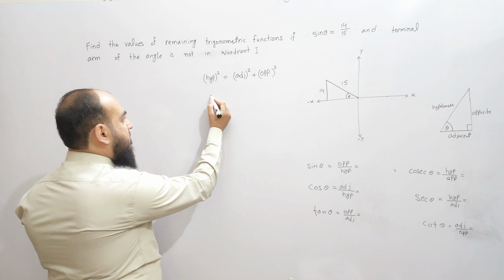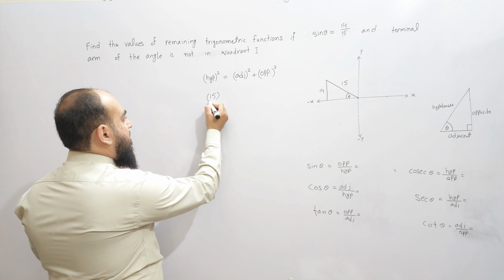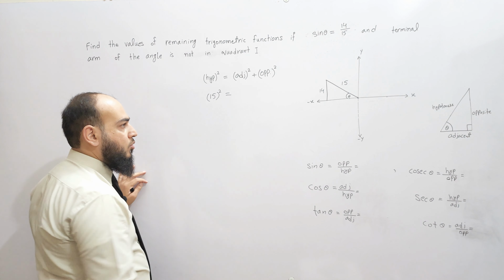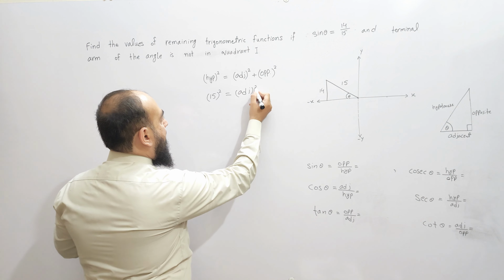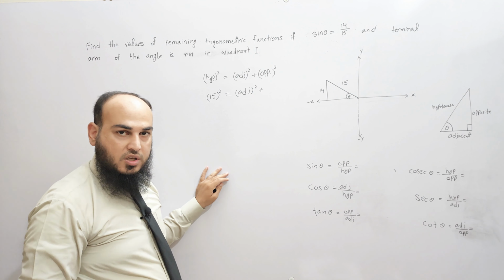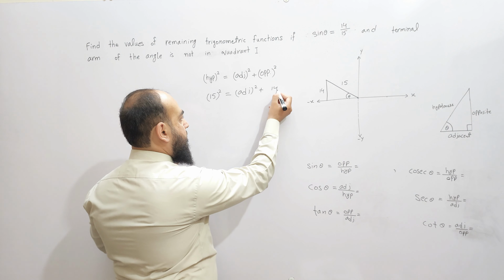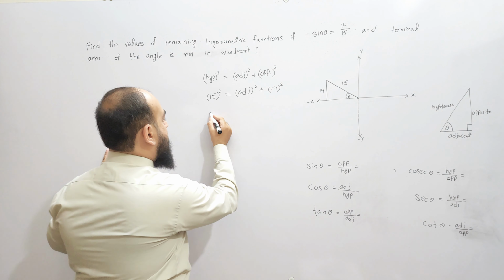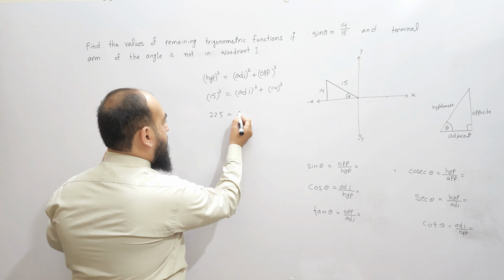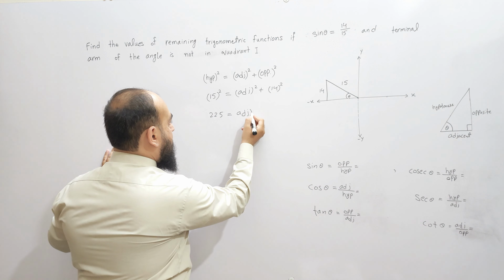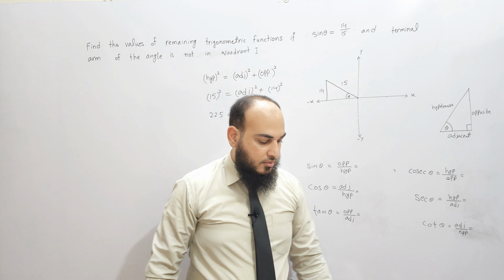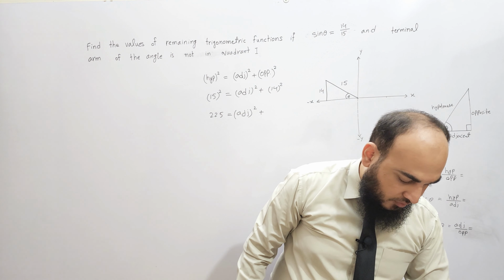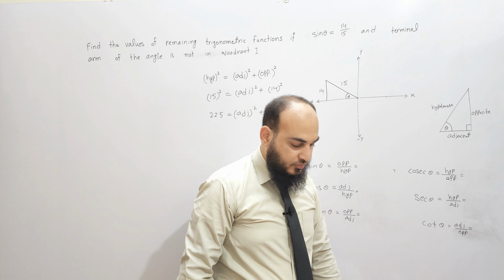Now put the values: 15 square is equal to adjacent square, we have to find the adjacent side, plus opposite side 14 square. Now 15 square is 225, equal to adjacent square plus 14 square.